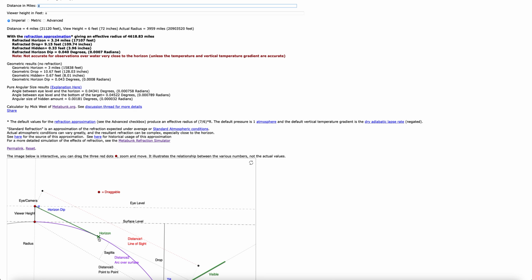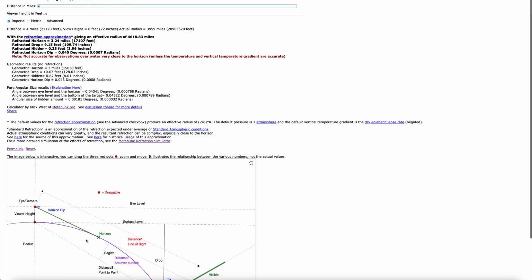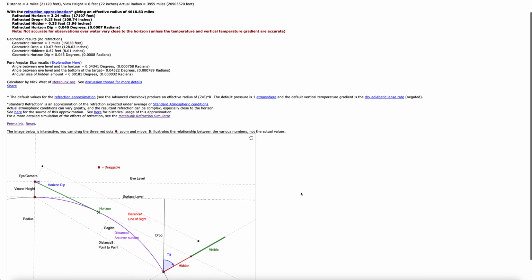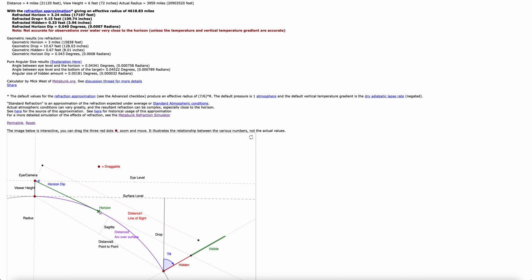Here it is down here with an X: the geometric edge of a globe Earth, and that it's a point of tangency. Do you know what I mean? So they're pre-assuming that it's a geometric point of tangency. So the angle between eye level and the horizon is a pre-assumption of the horizon being a geometric edge of a sphere Earth of radius 3959 miles, and it being a geometric point of tangency.